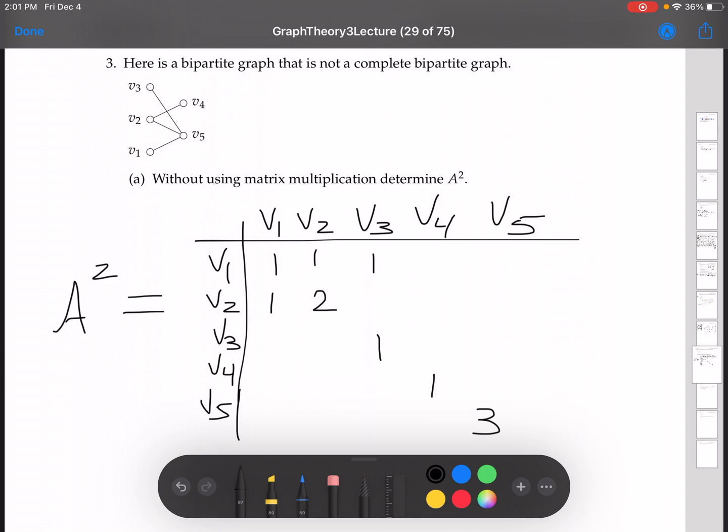There is a walk from V1 to V4, but it has 1, 2, 3 edges. So two edge walks, there's none of them. V1, V5, two edge walks. There's a 3 edge walk, right? 1, 2, 3, but there's no 2 edge walks. So a 0 there. By symmetry, we can go like so.